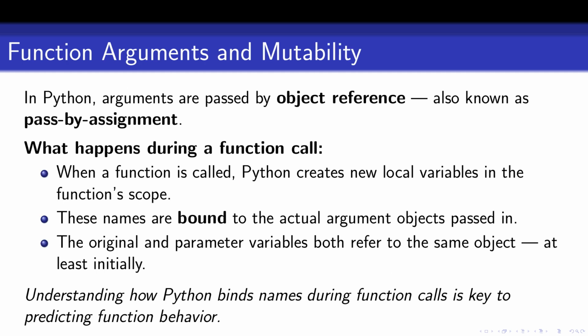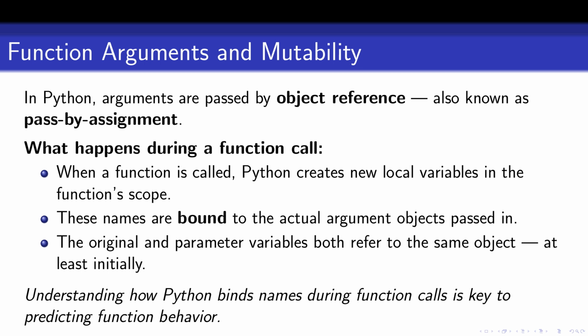In Python, arguments are passed by object reference, which is sometimes described as pass by assignment. When you call a function, Python creates a new local variable that refers to the same object passed in. This means that the local parameter and the original argument share the same object, at least at first.